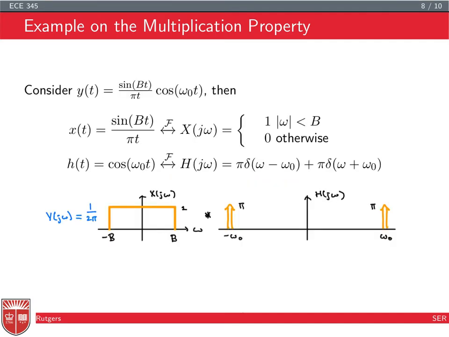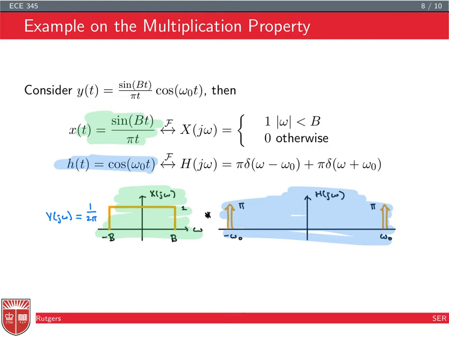In the frequency domain, sine bt over pi t is a low pass filter that is depicted here. Maybe if I color it in green, you'll see it better. So X of t is this guy here, and cosine omega 0 t, I'll color it in blue, is actually two impulses, two delta functions, one at omega 0 and one at negative omega 0, with magnitude pi.